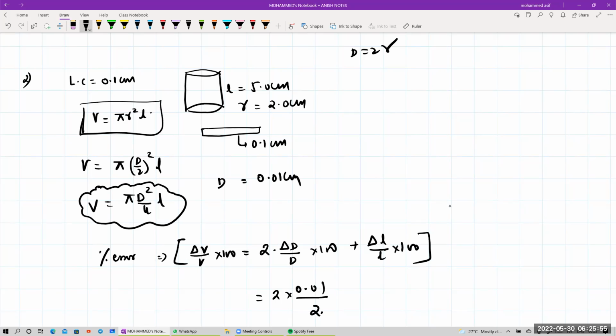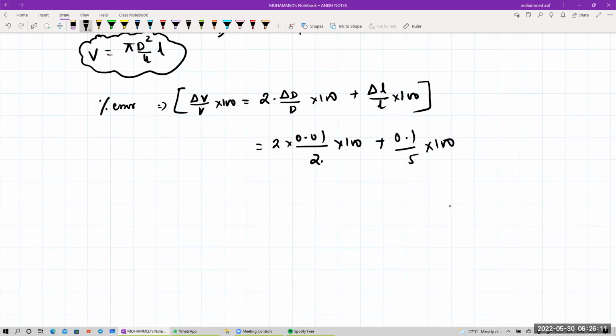Delta L is the least count 0.1, divided by original length 5, into 100. Simplifying, 0.01 into 100 is 1, plus 0.1 divided by 5 into 100 is 2. So the total is 3%.